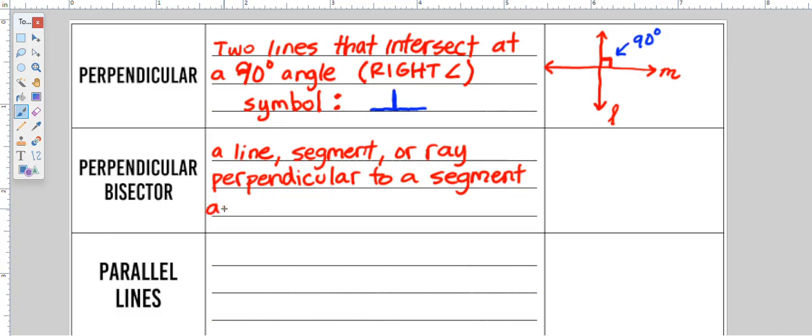Okay, perpendicular bisectors occur when we have something that is perpendicular to that segment at its midpoint. Okay, at its midpoint.